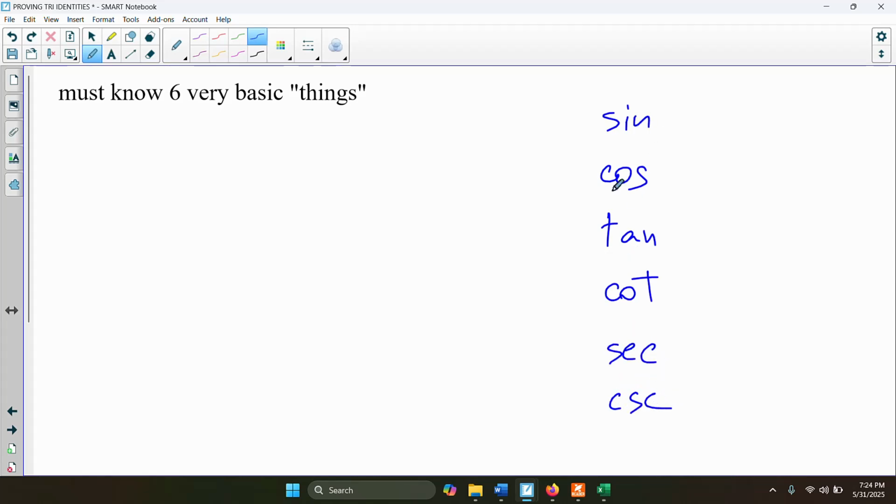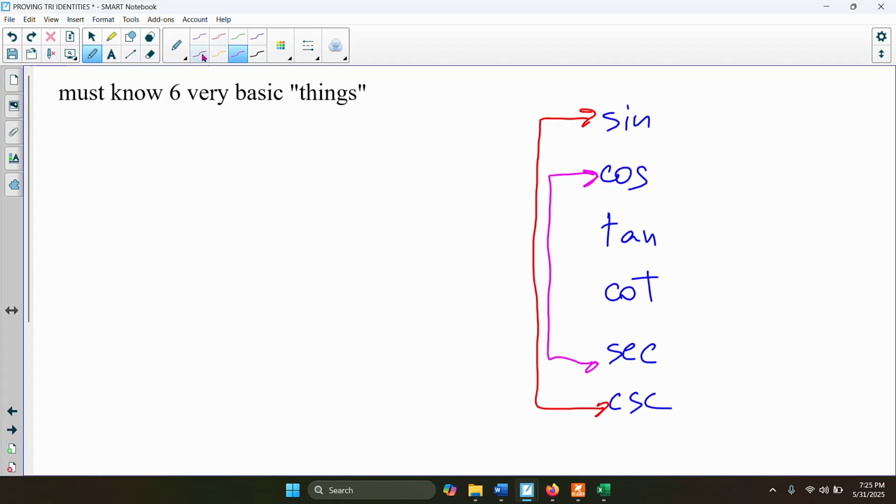You can practice pronouncing it this way: sine, cosine, tangent, cotangent, secant, cosecant. However, the reason I write this like this instead of in a row is that now I can make a really convenient association. The two outside, and as you work your way in, they pair up in a special way.